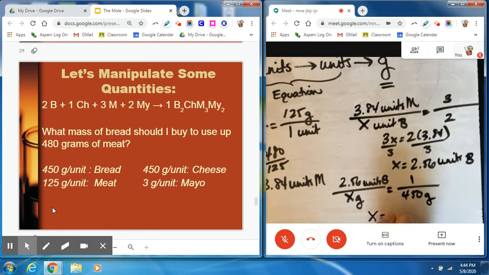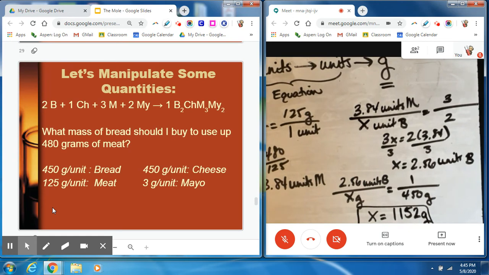So x is equal to 450 times 2.56. So we get 1,152 grams. And that's it.